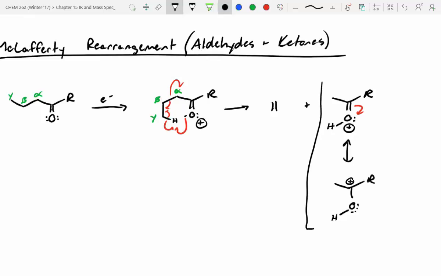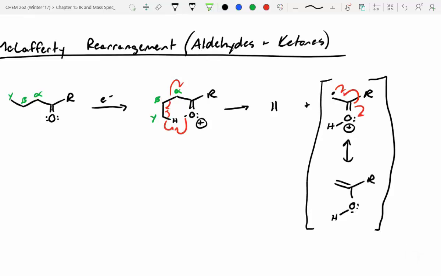But wouldn't it be a radical because of the electron on the alpha? Oh, shoot, I'm skipping steps. There is a radical here. So let's do the full arrow pushing. Thank you, you totally caught me there. All right, so for this one, you're going to pull a pi bond electron down and form a new alkene to that alpha site.